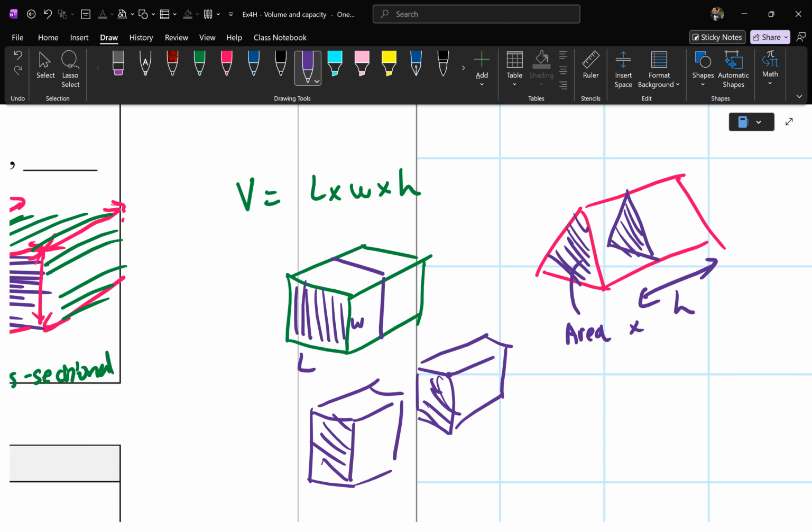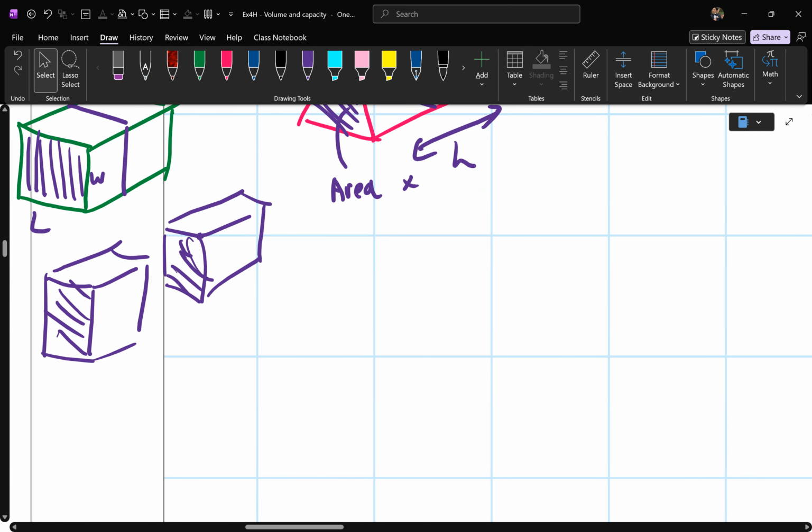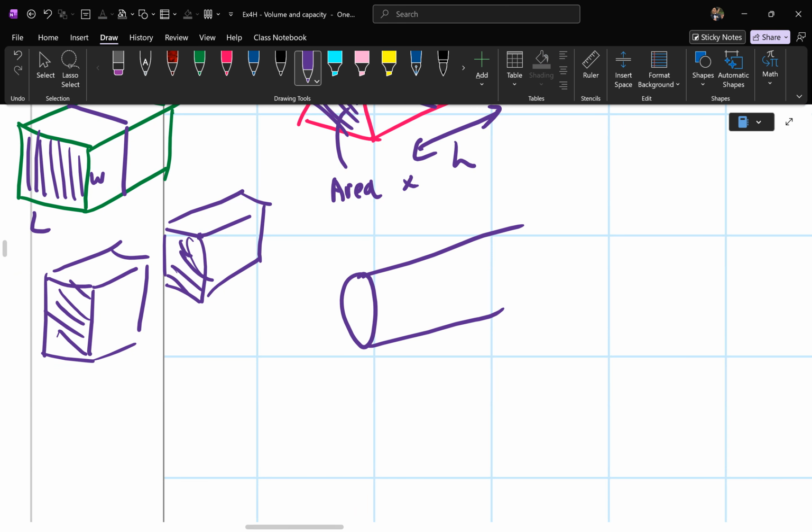That's why in all these formulas here, notice length times width was just the area of a rectangle face, times the third dimension. That's why even if I gave you a cylinder, which is the next exercise, this is 4H, if you did 4I, see a cylinder has the same property. No matter where you cut, same thing again.